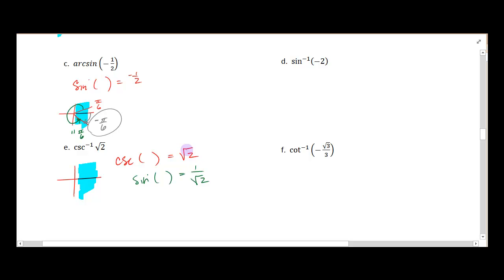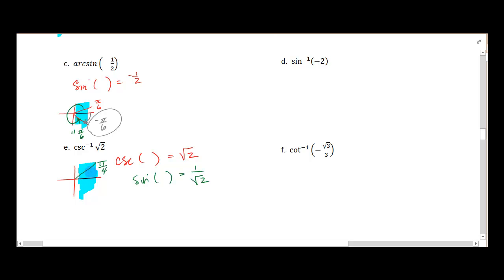To get a positive sine, I have to be looking at an angle here. I have to be looking at pi over 4, because when I take the cosecant of pi over 4, I get a positive cosecant, and that's my solution.